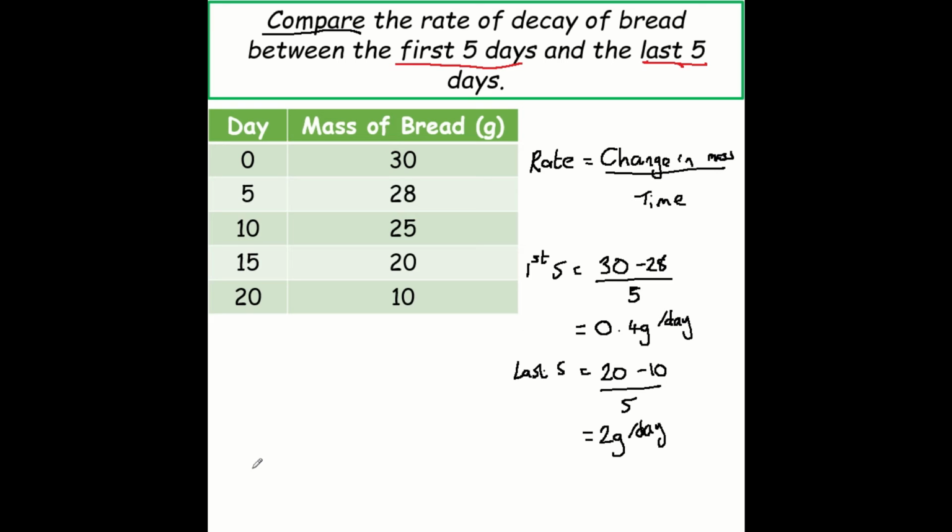So all we need to do at the end is say that the last 5 days decays at 5 times the rate of the first 5.